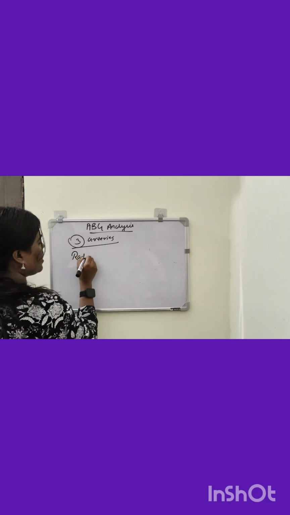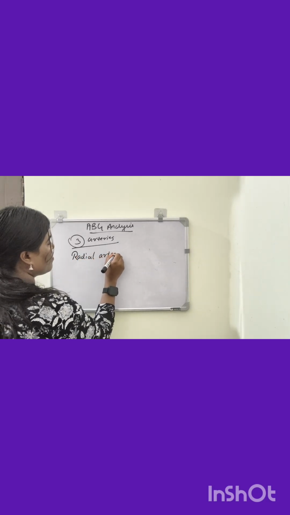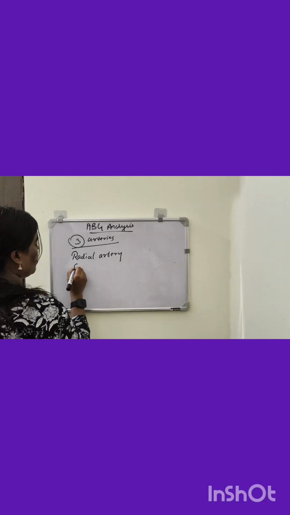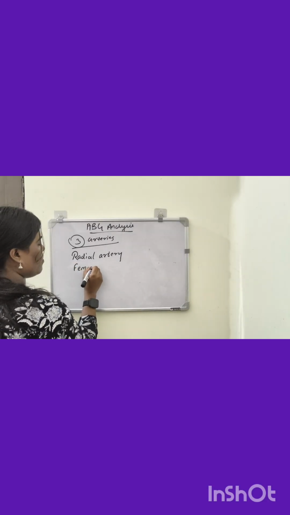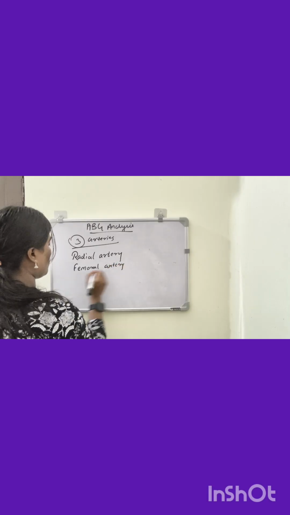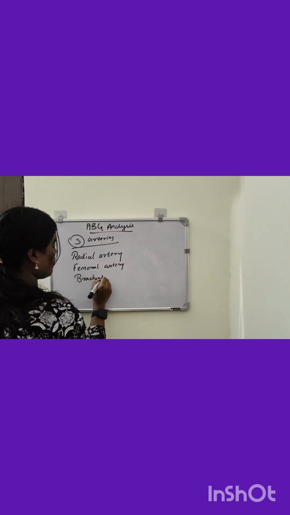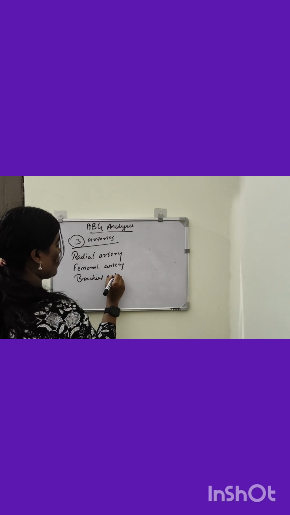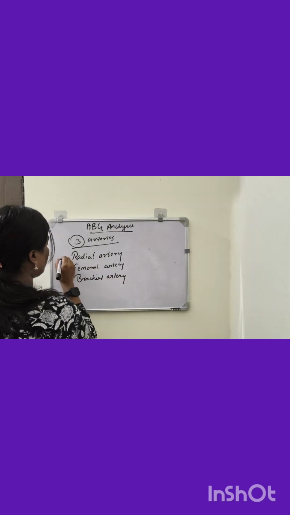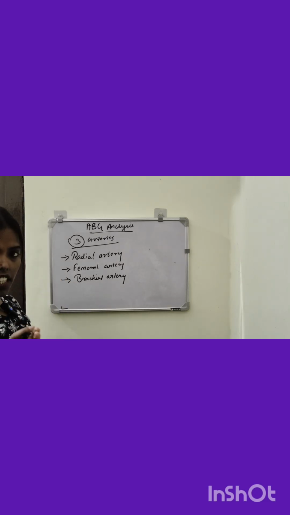The radial artery, femoral artery, the brachial artery. Which are the three sites? Radial artery, femoral artery and the brachial artery.